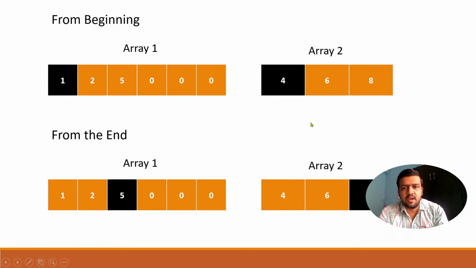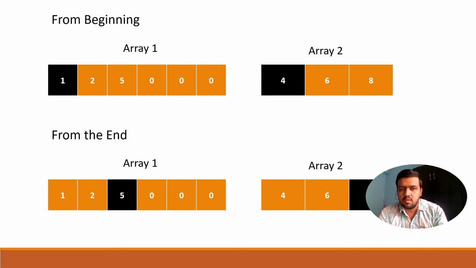I will compare 1 and 4. 1 is less than 4, so I will keep 1 as it is. Then I will compare 2 with 4. Again 2 is less than 4, so I will keep it as it is. Then when we compare 5 and 4, 4 is less than 5. So in order to fit 4 into this, I have to shift this 5 and the rest of the trailing zeros by one step. So it becomes very time consuming as well as not efficient.